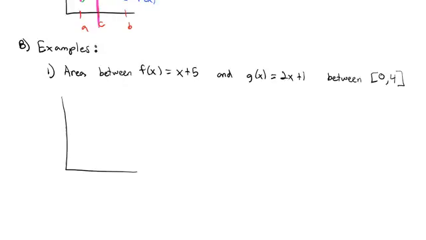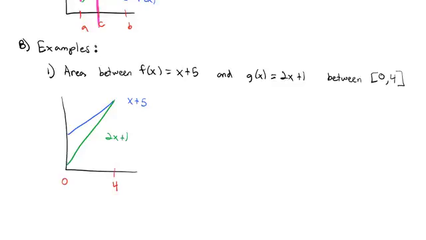So x plus 5, that's this first function. And then the 2x plus 1 has a lower y-intercept, but it's steeper. And we're interested in going from 0 to 4.